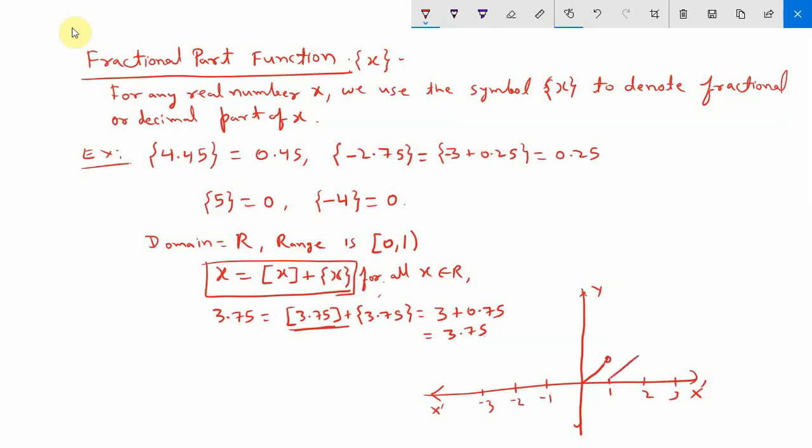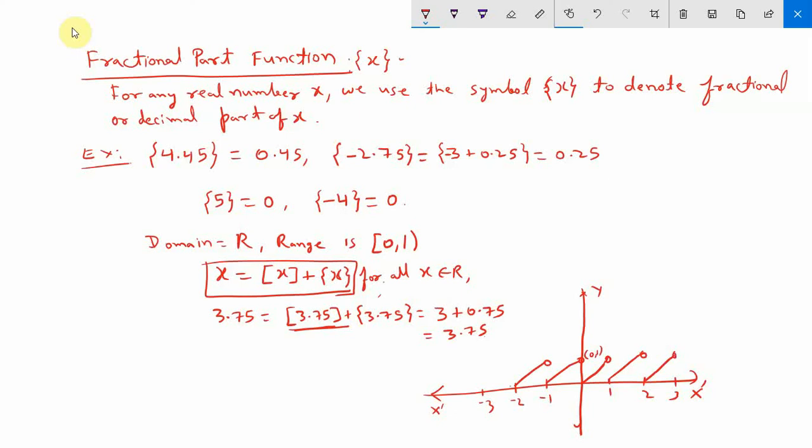For all integers it will be 0. Okay, and this is 0, 1. It will be like this one. So this is the graphical representation of fractional part of x.